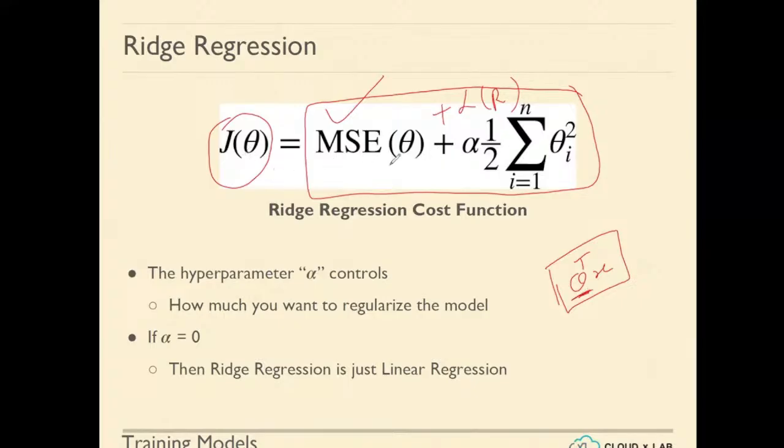So let's say using this cost function we obtained the optimal value theta star. Now using that optimal value of theta, we will make predictions at test time, theta transpose x, right?